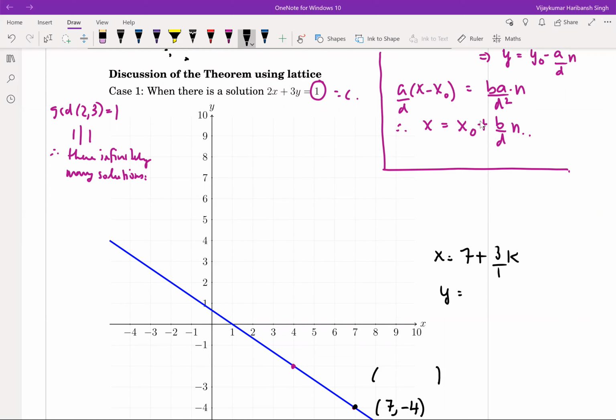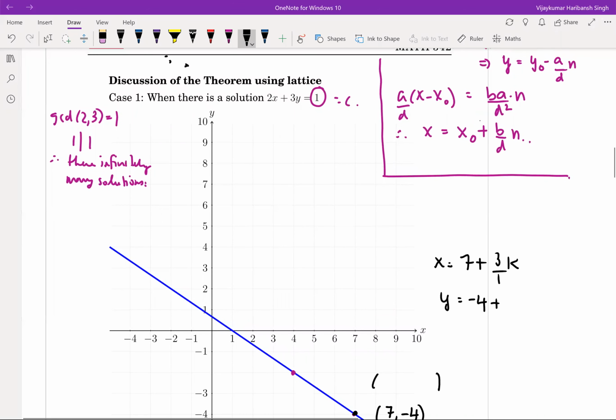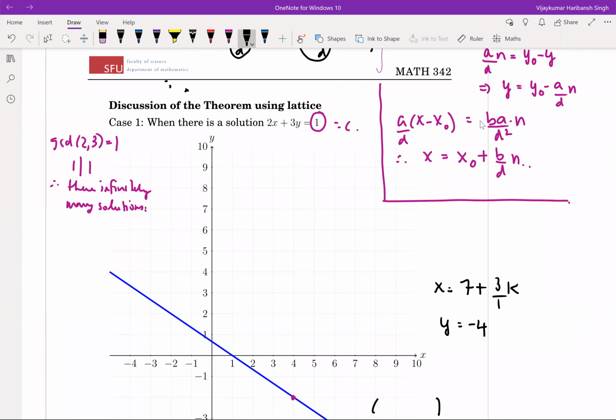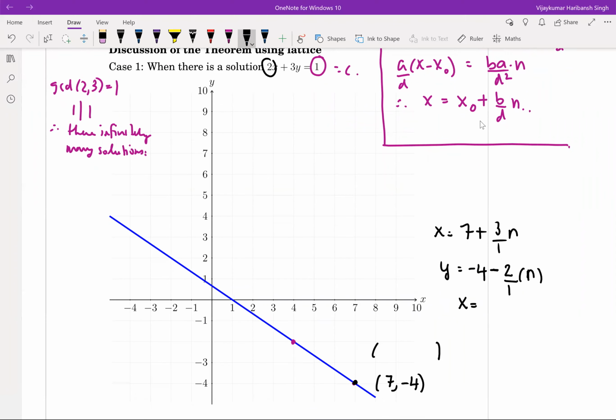Similarly, y is minus 4, because minus 4 is the particular solution, minus a by d, which is 2 by 1, times integer k, or n if you want to call it n. Let's just call it n. So the solutions are of the form x equals 7 plus 3n, and y equals minus 4 minus 2n.